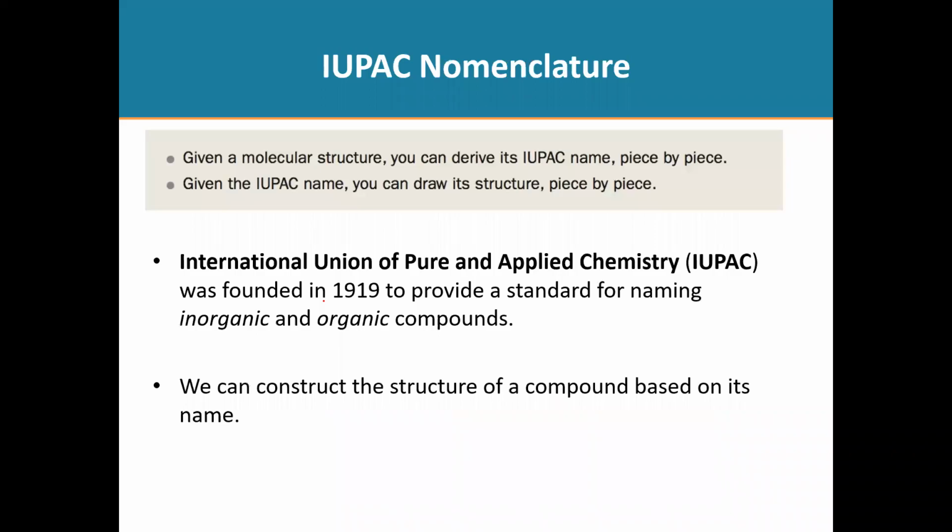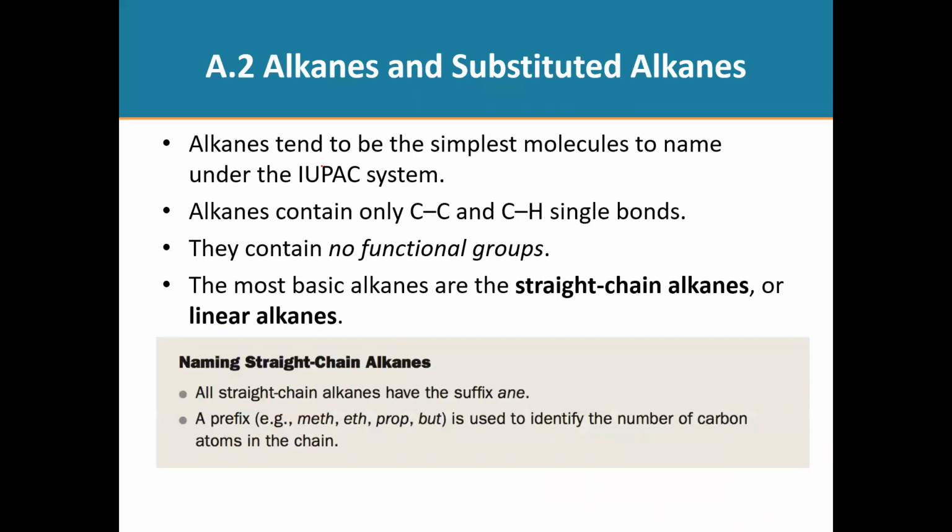So IUPAC was founded in 1919 to provide a standard for naming inorganic compounds, that's compounds really that are the transition metals, non-carbon, and organic, and these ones are containing carbon. So alkanes tend to be the simplest molecules to name under the IUPAC system. They're your single bonds.